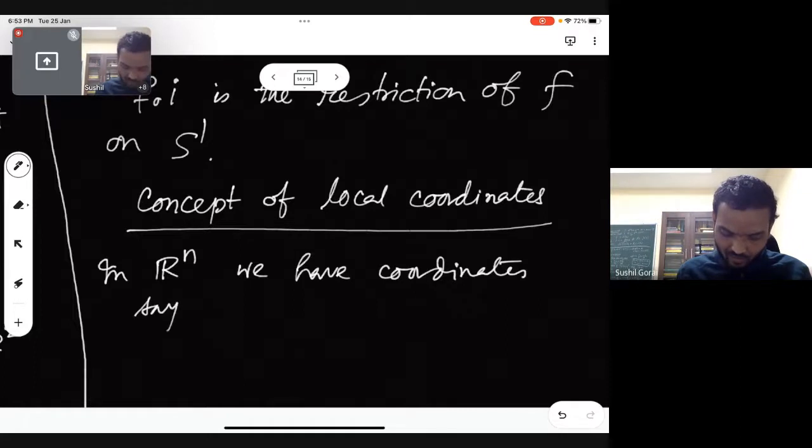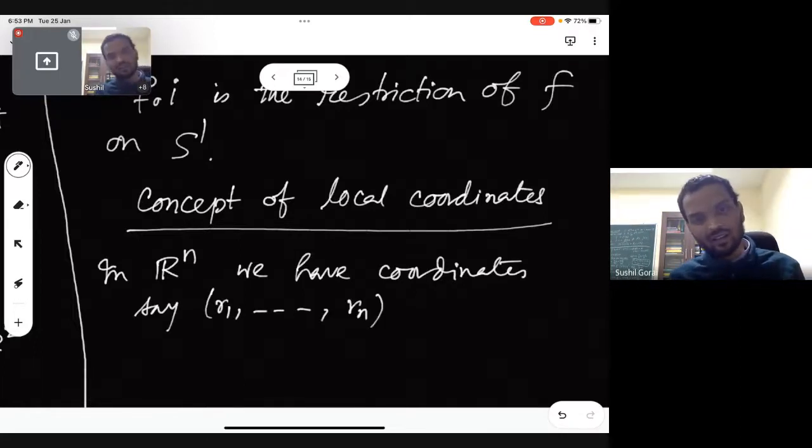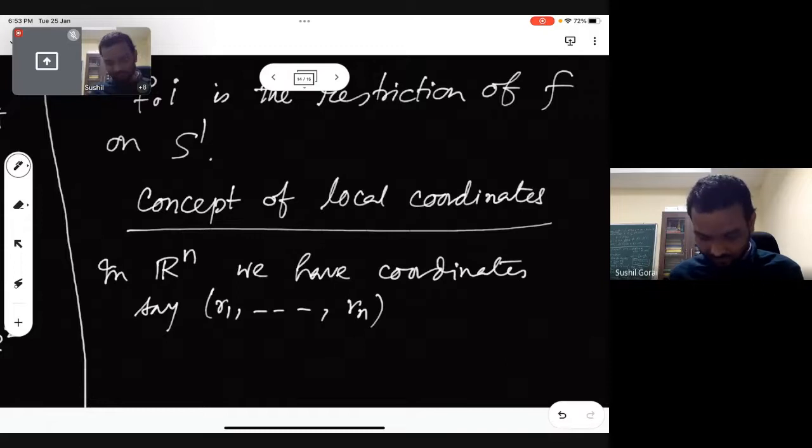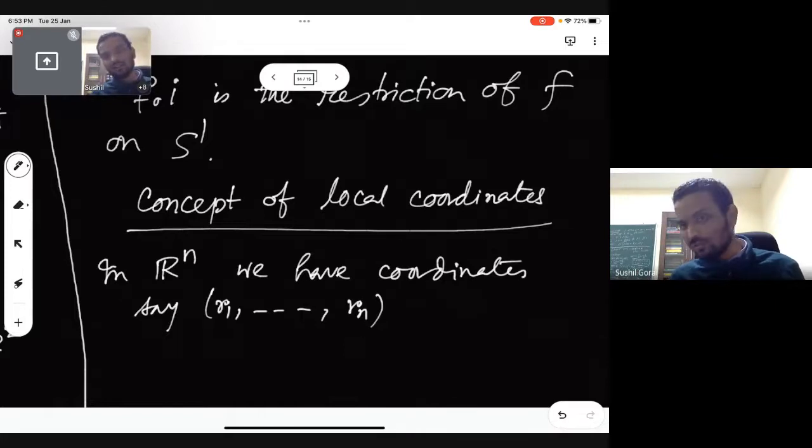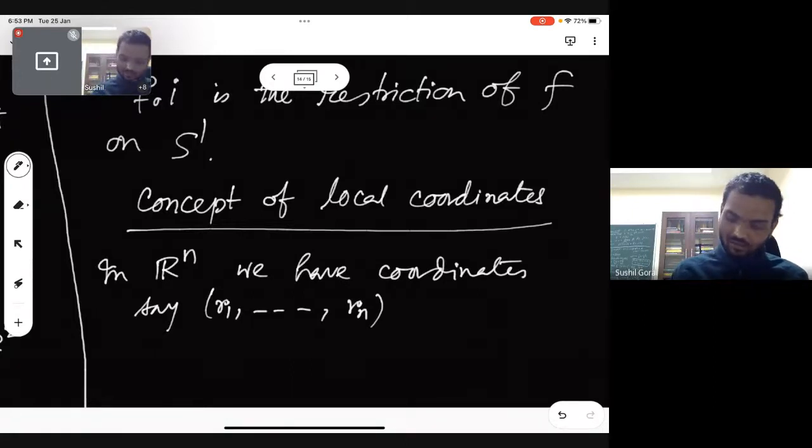Say r1, r2, ..., rn. Instead of x1, I wrote r1, r2, ..., rn because x1, x2, ..., xn will denote something else, right? So coordinates in Rn we write as r1, r2, ..., rn. So these coordinates are there. We want to define coordinates in the manifold locally, right?